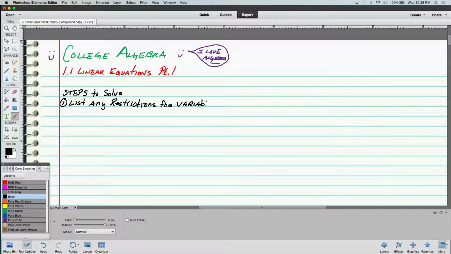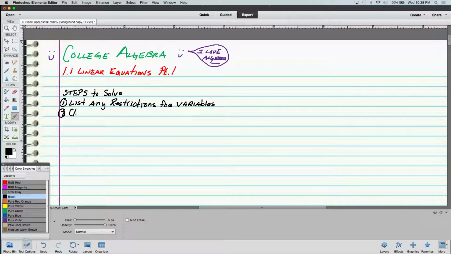And these are just values that x, or whatever letter you're using for your variable, cannot be because it'll make the problem either undefined or you won't be able to solve it. So these are just values in which x cannot be.